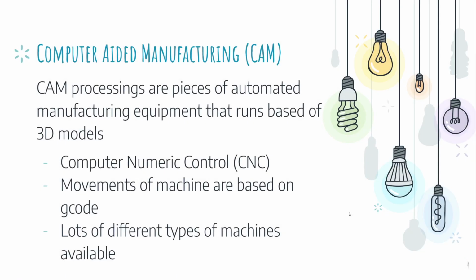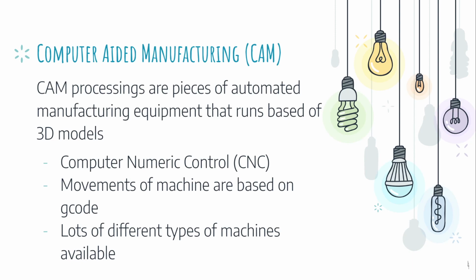To branch off of CAD, there's also CAM, or computer aided manufacturing. CAM systems are based off of those CAD drawings, whether it's a 2D drawing for a tool path or a 3D drawing for what's called a CNC machine.